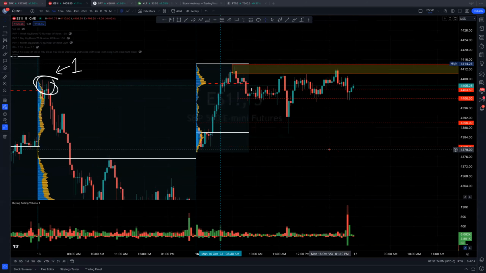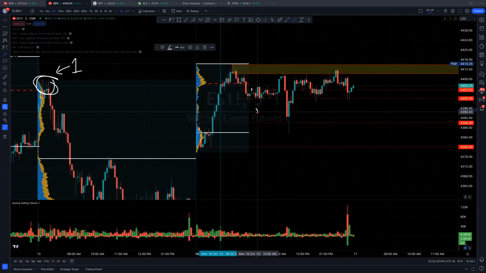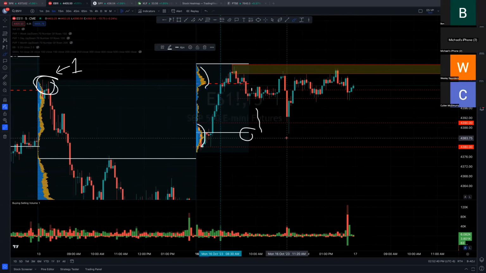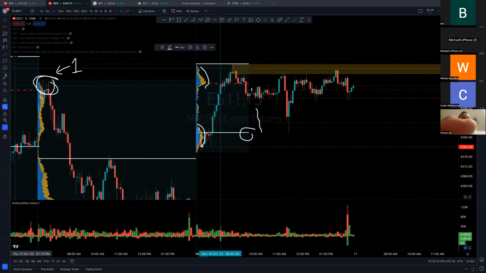Now, guys, very important. Since we're coming from the upside down to this area, this is price acceptance for the buyers. This is price acceptance for the sellers. Does that make sense?